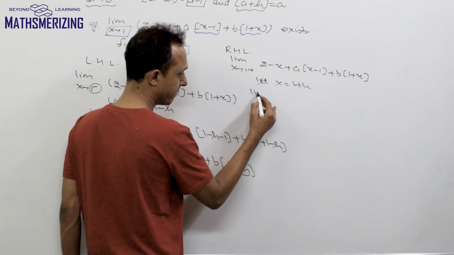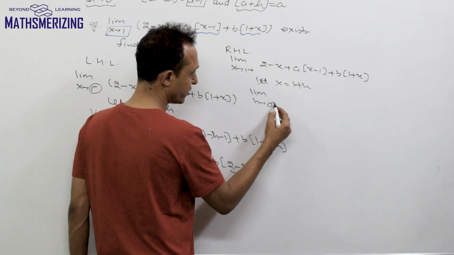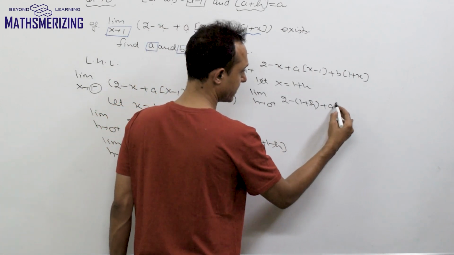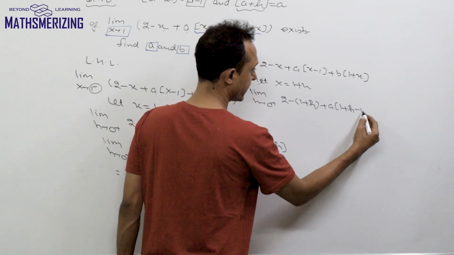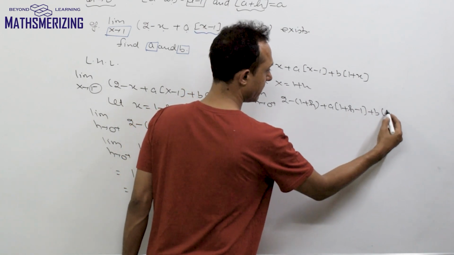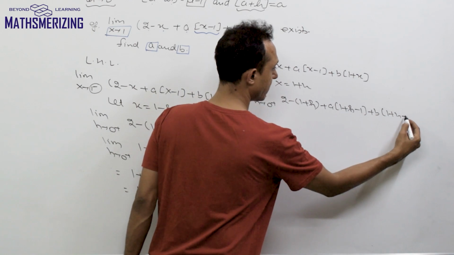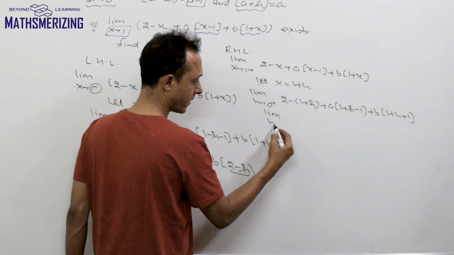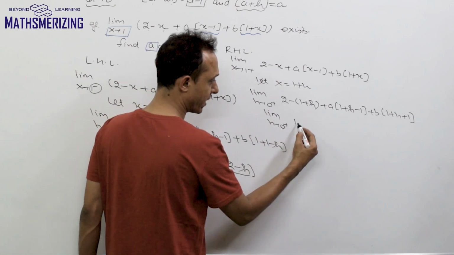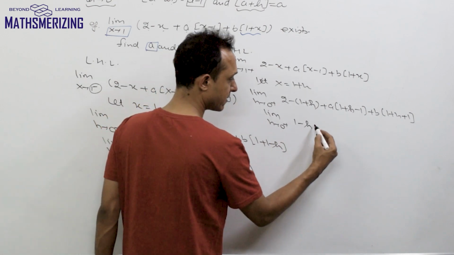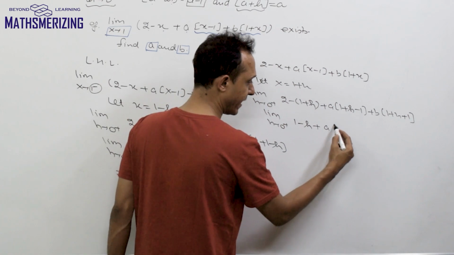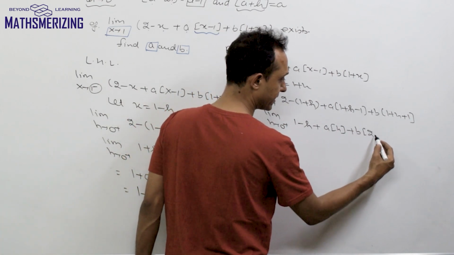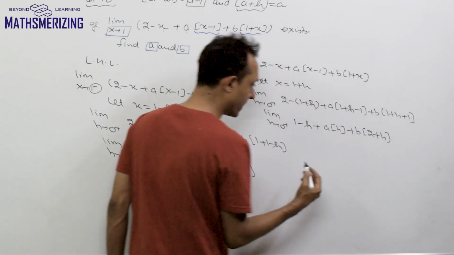So I'll write it as limit h tends to 0 positive of 2 minus 1 plus h plus a into the greatest integer function of 1 plus h minus 1 plus b into the greatest integer function of 1 plus h plus 1. So this is 1 minus h. Now 1 and 1 will cancel. A into the greatest integer function of h plus b into the greatest integer function of 2 plus h.